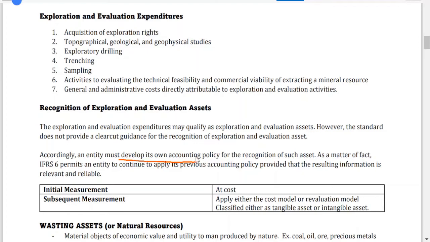As a matter of fact, IFRS 6 permits an entity to continue to apply its previous accounting policy provided that the resulting information is relevant and reliable. On initial measurement, you record those expenditures at cost, but subsequent measurement will apply either the cost model or the revaluation model, and you classify it as either a tangible or an intangible asset.